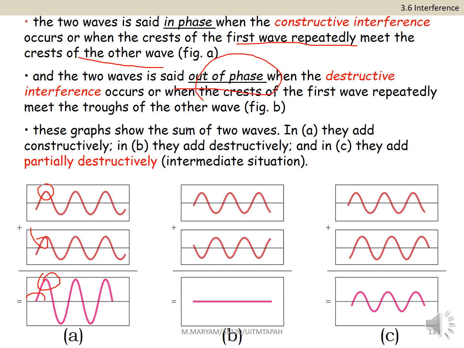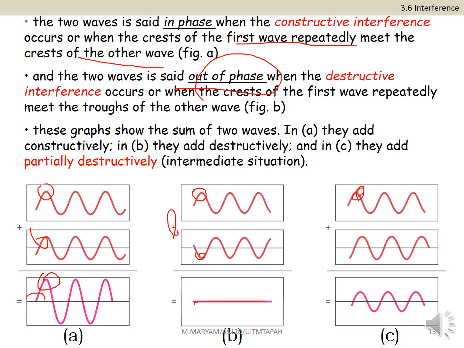And they are said to be out of phase when destructive interference occurs. For example, when a crest meets a trough and we add them together, they add destructively, which means a flattened surface will occur here.